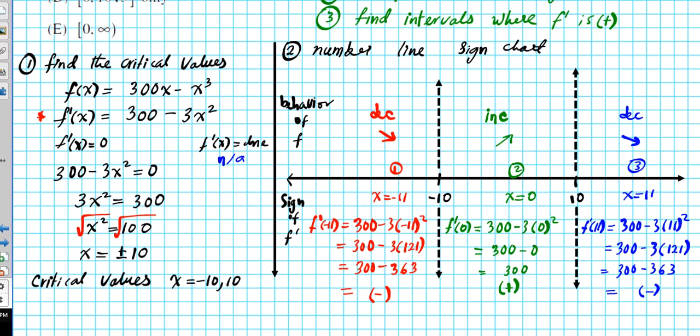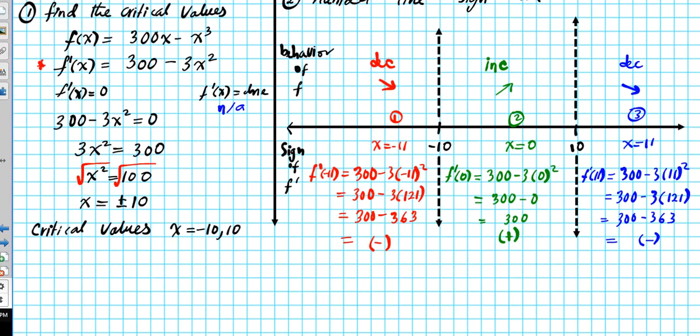Now, what is our conclusion? Let's write it down. Conclusion: since the first derivative f prime is greater than 0 on the interval negative 10 to 10, then f is doing what?